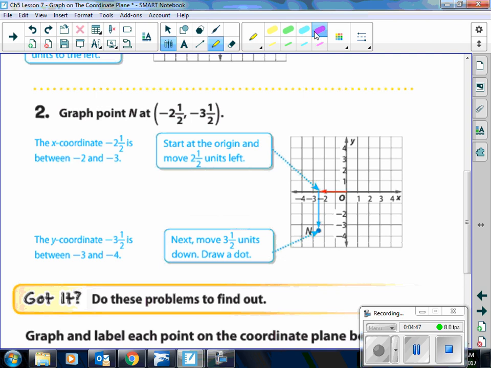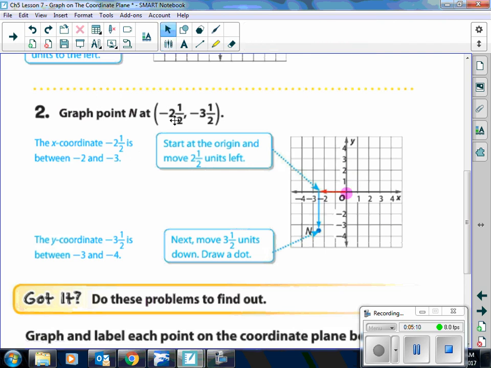Example 2, we're going to graph point N at negative 2 and 1/2, comma, negative 3 and 1/2. And once again, we need to start at the origin. Okay? So when we start at the origin, there we are right there.